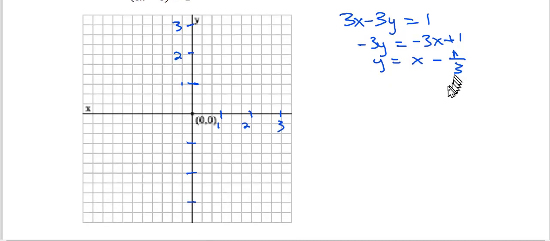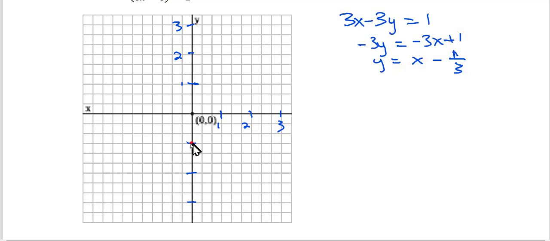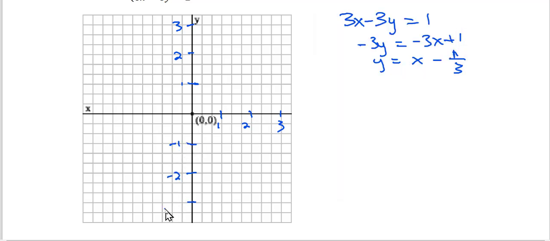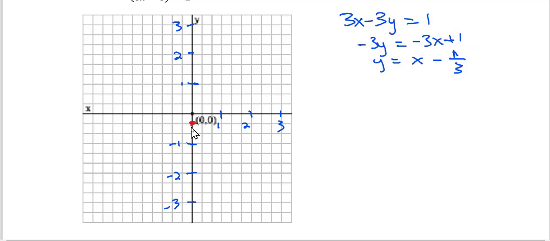When I go to graph that, let me grab a different color here. I'm going to graph that line in red. If this is -1, then -1/3 will be here, is my y-intercept.